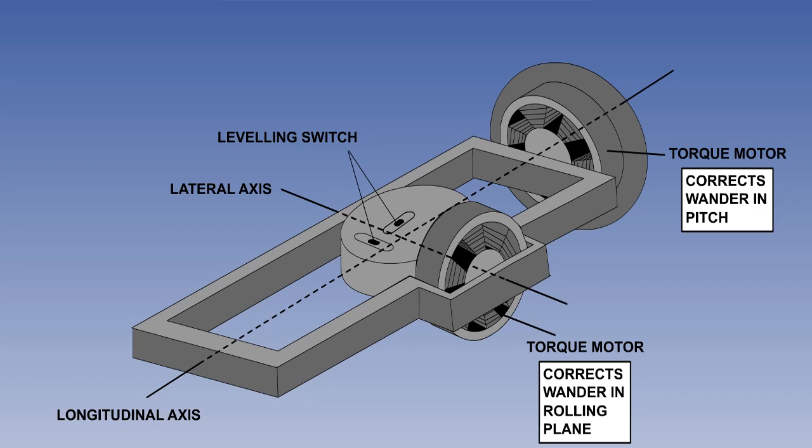So a point to bear in mind is that the mercury switch which senses wander of the spin axis in the fore and aft plane has its associated torque motor fixed to the outer gimbal. The mercury switch which senses wander of the spin axis in the lateral plane has its associated torque motor on the inner gimbal.